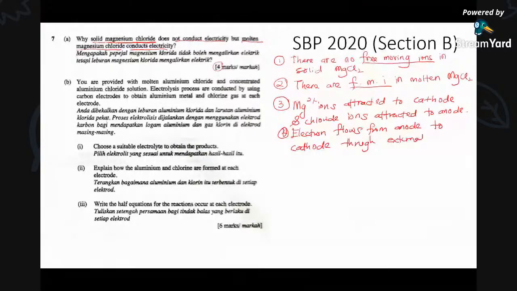Anode always loses electrons, it goes from the anode to the external circuit. Okay, so if they can conduct electricity, then how they can conduct electricity. So 4 marks. Okay, moving on to the next question.